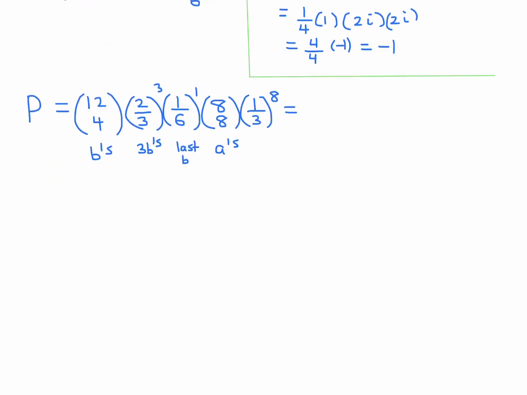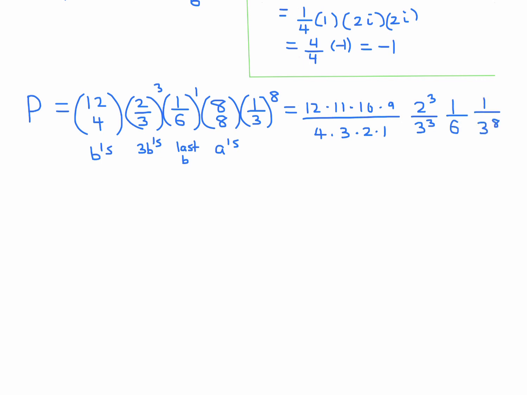So now we have to simplify these numbers. The 12 choose 4 will be 12 times 11 times 10 times 9 divided by 4 times 3 times 2 times 1. And then we have 2 to the power of 3, 3 to the power of 3. Then we have 1 over 6.